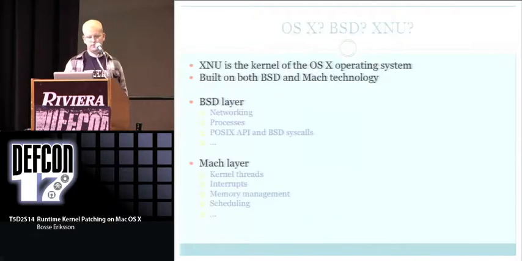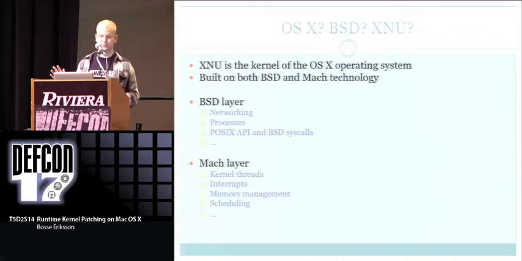So, a short intro on OS X and the XNU kernel. The XNU kernel is the kernel of the OS X operating system, and it's built on both BSD and Mach technology. Mach is the microkernel which runs at the bottom of the OS, and you also have a BSD layer in there, and they're both responsible for different stuff.